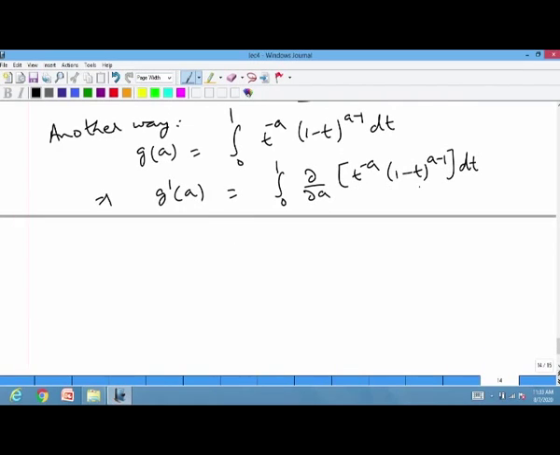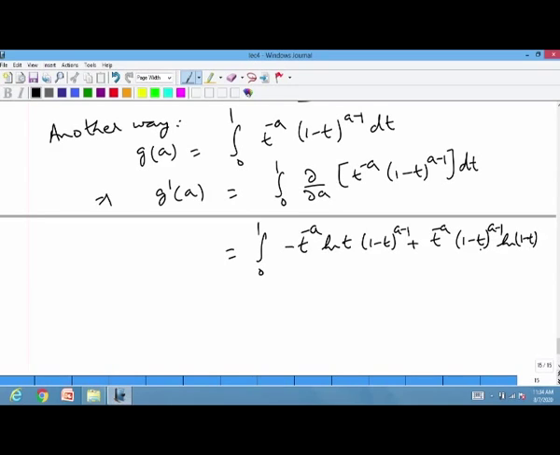Now, we can calculate this derivative with respect to a of the integrand, that is equal to minus t to the minus a log t (1 minus t) to the a minus 1 plus t to the minus a (1 minus t) to the a minus 1 log(1 minus t), dt.